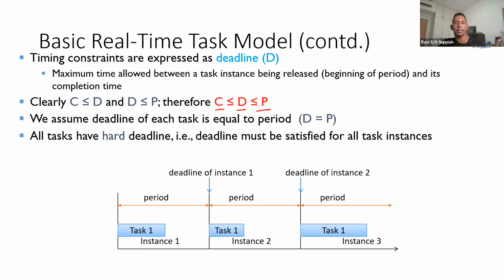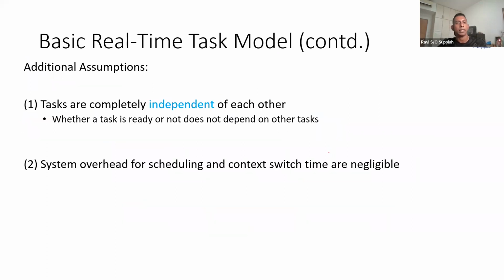To make it simpler, we just say that the deadline is the same as the period, because the tasks are already periodic in nature. As long as I complete before the next iteration of the period, then I'm fine. So that is the second assumption.